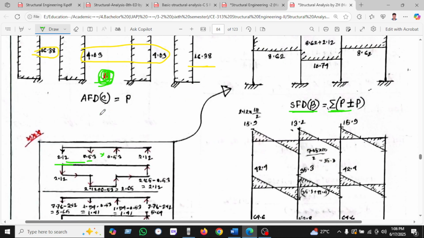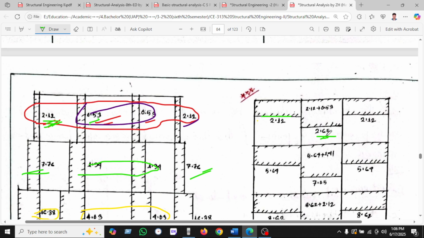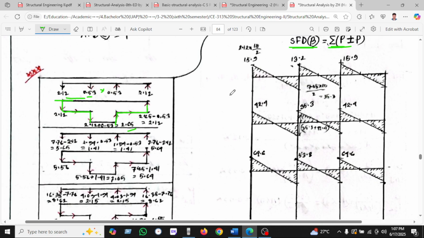This is the CG. So we found 2.12 goes downward, and there is no load, and then it goes to 0.53 downward, and we found 2.65.